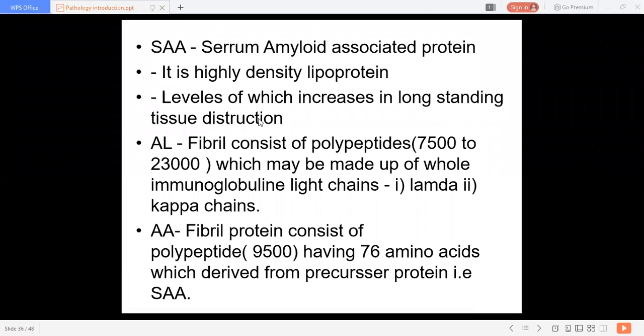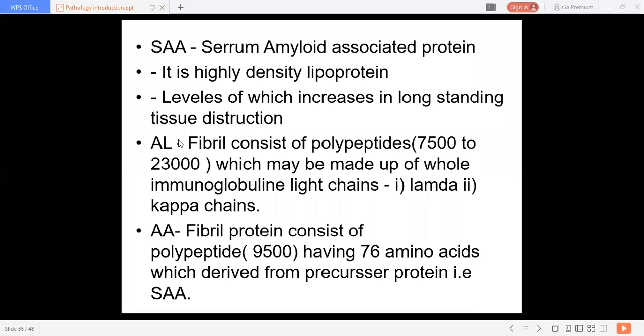Here the fibrillar protein consists of polypeptides, 7,500 to 23,000 in size. These polypeptide chains present in the fibril may be made up of whole immunoglobulin light chains, either lambda or kappa chains.